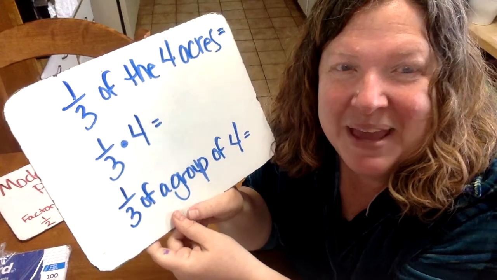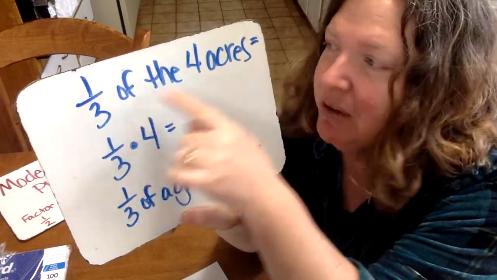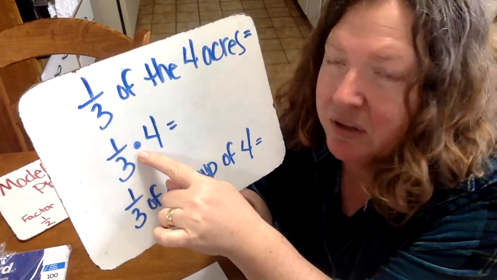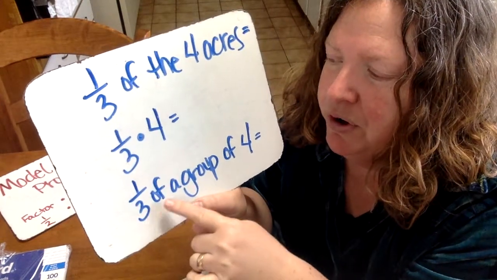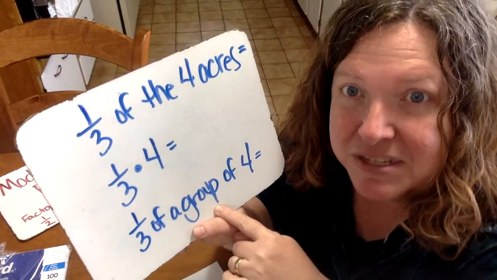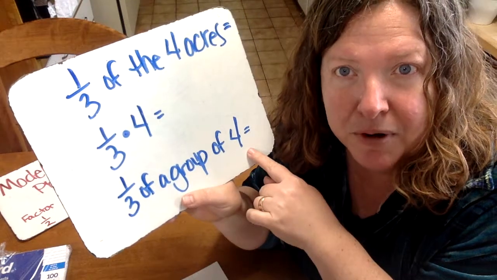Okay, so we have 1/3 of the 4 acres. She plows 1/3 of the 4 acres, which also means 1/3 times 4. Of means times. Or 1/3 of a group. Times means groups of. See how that word of is in there? Groups of. 1/3 of a group of 4.